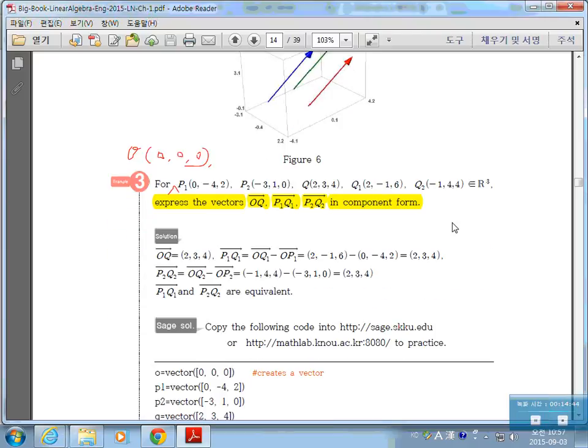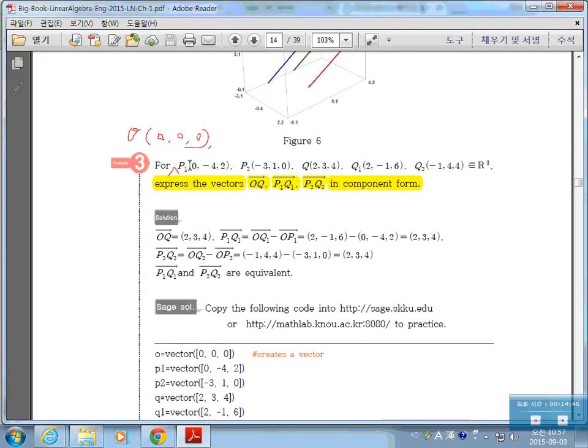With those concepts, suppose we have the zero vector and P1, P2, Q, Q1, Q2 in R3 like this. We can express the vectors OQ, P1Q1 and P2Q2 like what we did. For example, P1Q1 can be found by Q1 minus P1. That means vector OQ1 minus vector OP1, which says 2 minus 0 here, 6 minus 4 here, and 6 minus 2, which is 4, here.